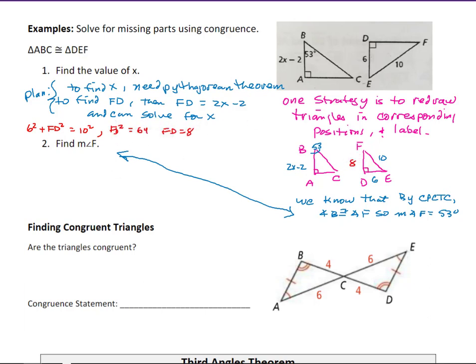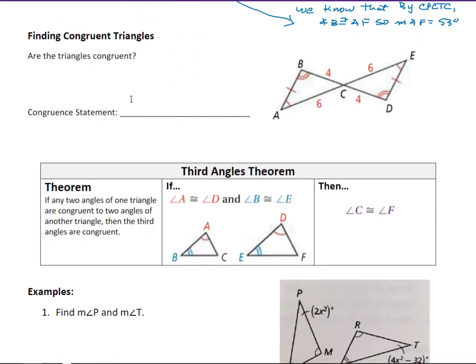So here we're showing that by the Pythagorean theorem, we get FD is equal to 8, and when we solve, we get x is equal to 5. Now, if x is equal to 5, 2 times 5 take away 2 gives us 8. And we know what the side length is.